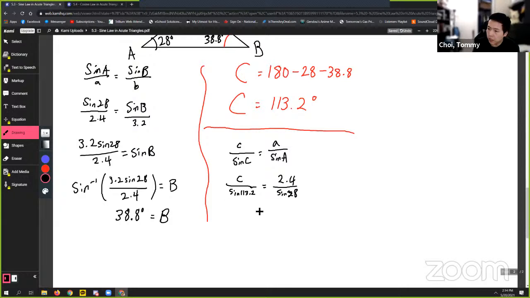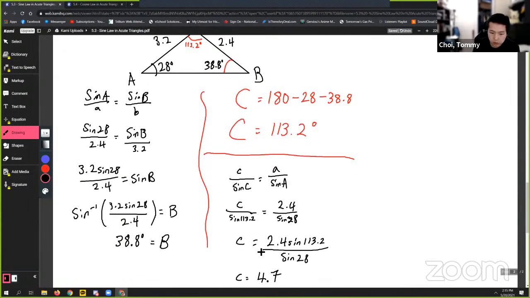This allows us to multiply the sine onto the other side, which gives us 2.4 sine 113.2, all divided by sine 28. That gives us our final answer: 2.4 sine 113.2 divided by sine 28, and I get 4.7 centimeters.